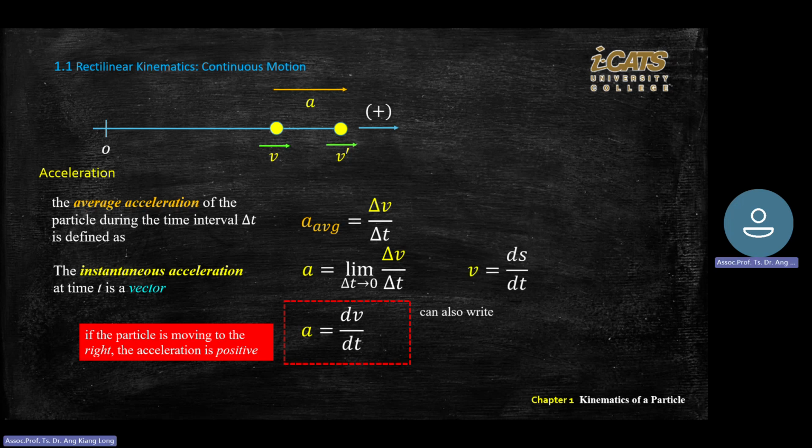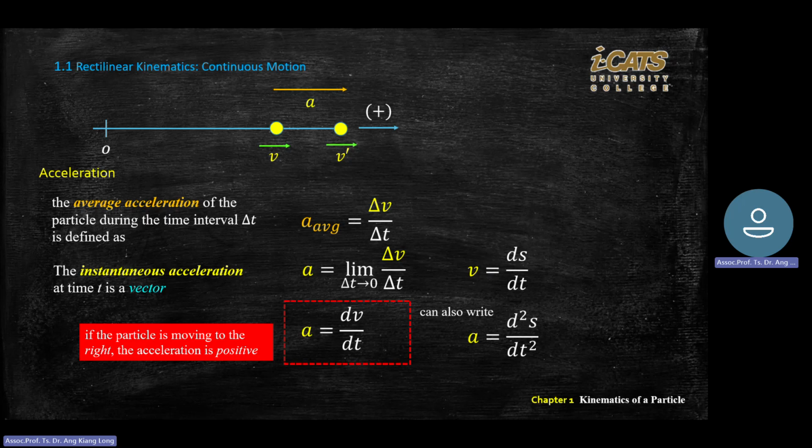Okay, so if you derive from the previous one, v equal to ds dt, you can write that acceleration is the double differentiation of your displacement. Meaning you take the v, substitute this equation, and differentiate it again.